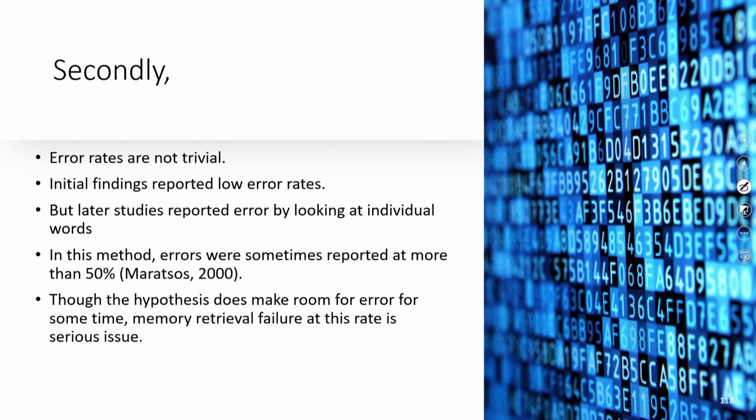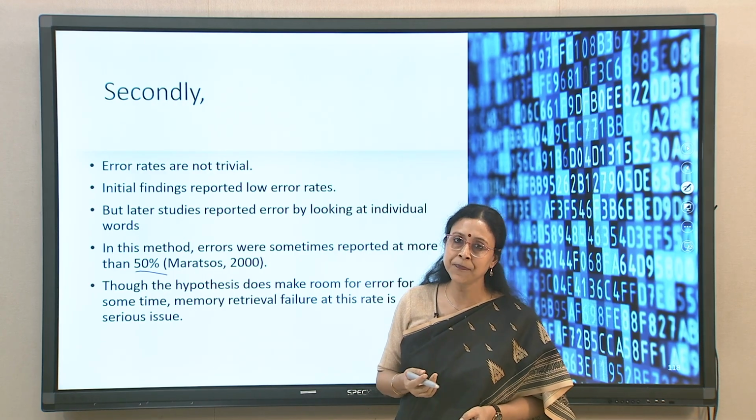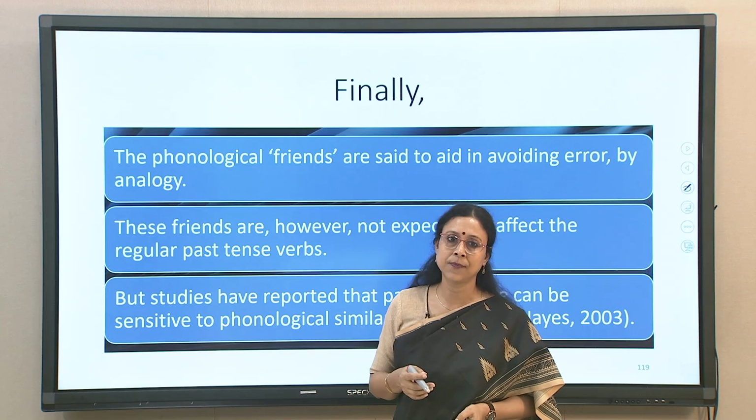However, some other researchers looked at the errors individually, and they found that though on average it might be toward the lower side, individually the errors are pretty high. So, a number of studies have pointed out that sometimes the children's inflectional morphology errors will be somewhere around 50% or even more. Now, this is quite high, even taking into account the margin that the hypothesis allows.